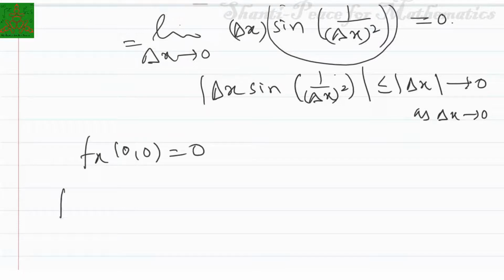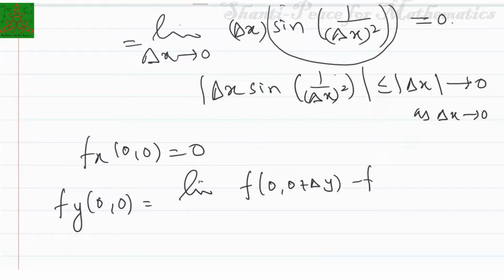In a similar manner, what is fy at (0, 0)? For that we also need to take the limit of f(0, 0 + delta y) minus f(0, 0), by definition, upon delta y as delta y tends to 0.